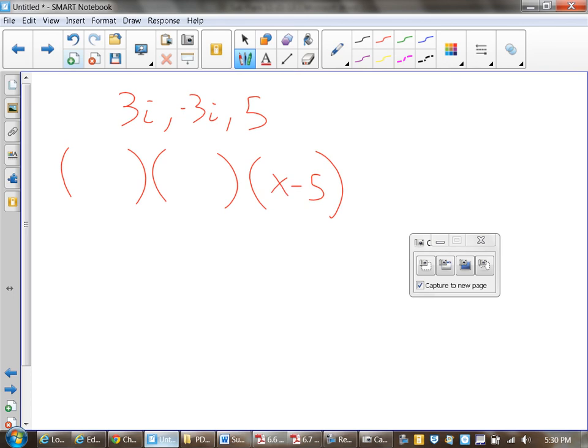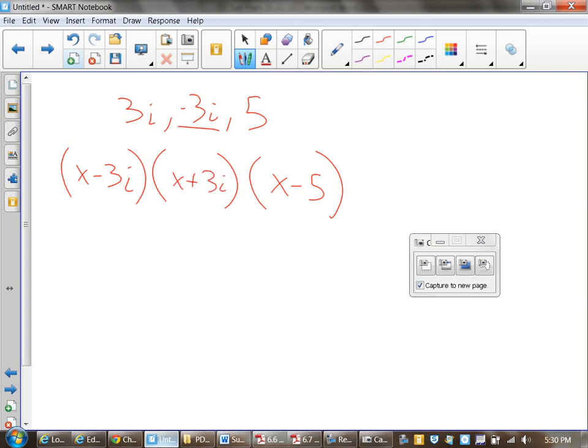That's easy. The other two are a little bit weird. So what if I just said it was 3? You guys would say it's x minus 3. Since the 0 is 3i, it's x minus 3i. Since the 0 here is negative 3i, it's x plus 3i.